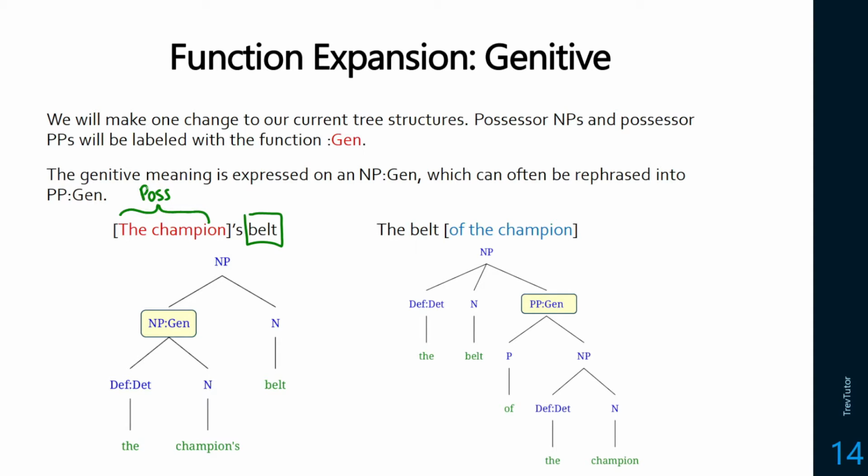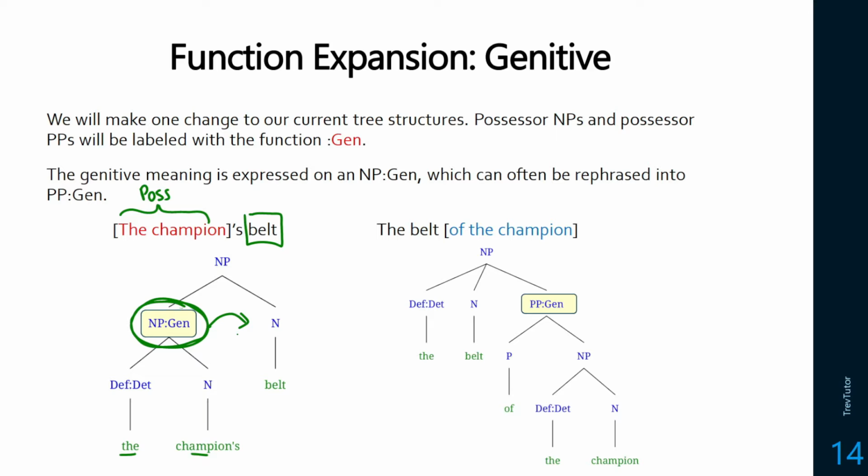So it is specifically the champion's belt. Therefore, in our tree structure, we can say that the is a definite determiner, champion is a noun, and then the entire noun phrase is a genitive. This whole thing is the owner of whatever the noun on the right is. So the champion's belt has that ownership meaning, so we put the genitive function on the noun phrase.